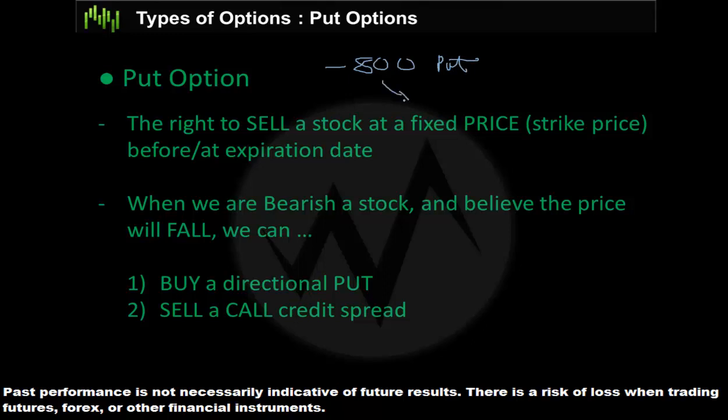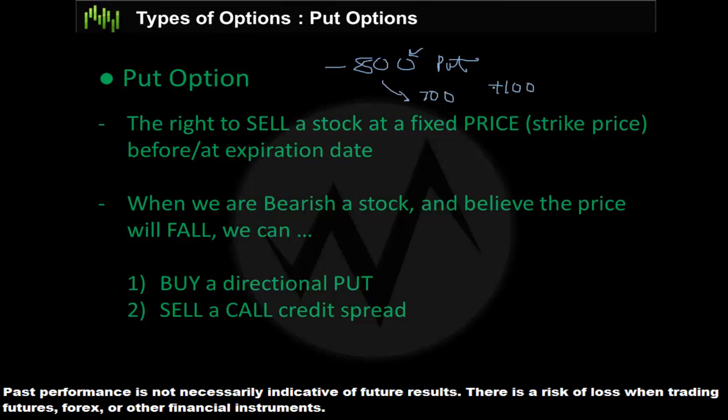The bottom falls out of the market, and now it's trading at 700. Okay, a put gives you the right to sell a stock at a fixed price, 800. Now you sell it at 800 and you buy it on the market for 700. So you're plus 100 profit on this.